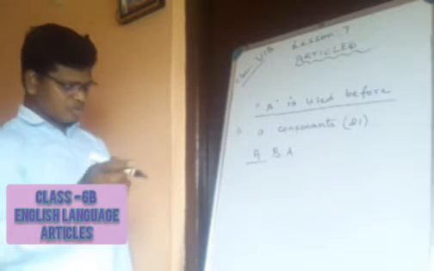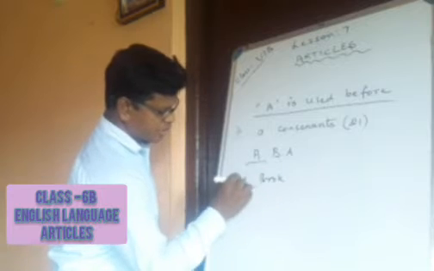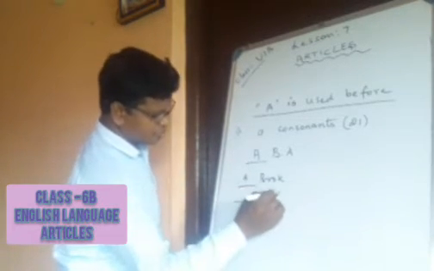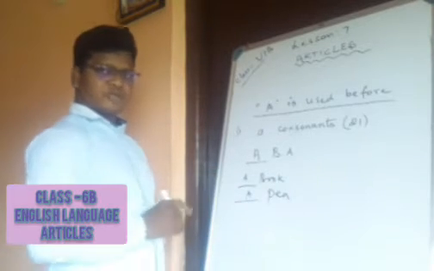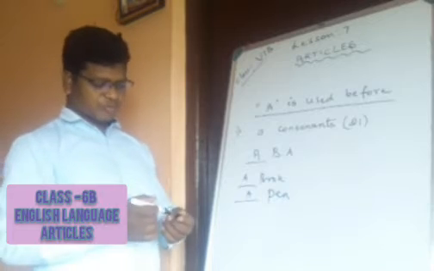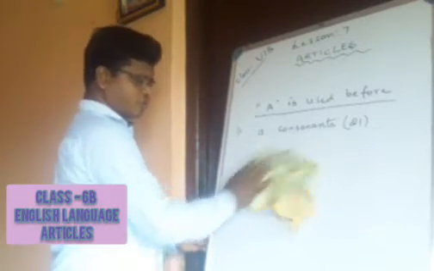Suppose book, here also a. Maybe whatever, this is a pen. So before pen also we write a. So any word that starts with a consonant, we use a before it. This is the first rule, which you have already seen.